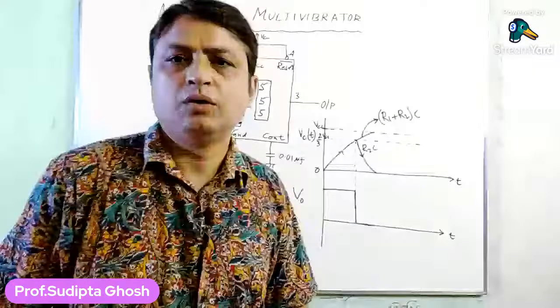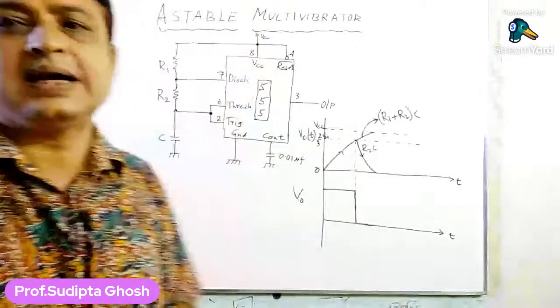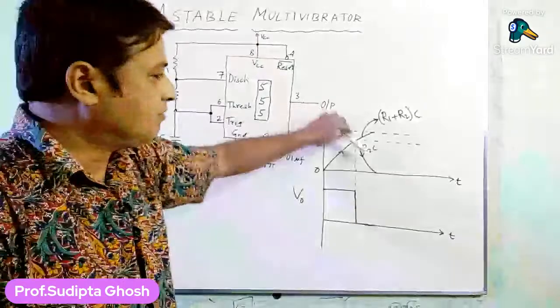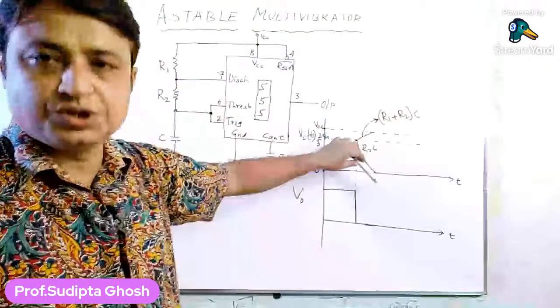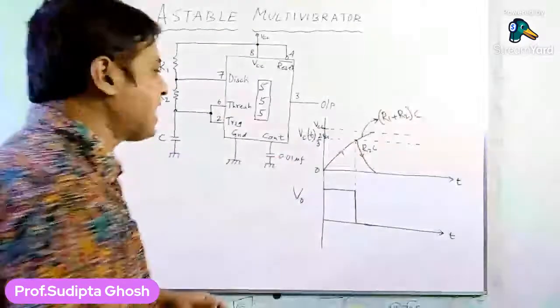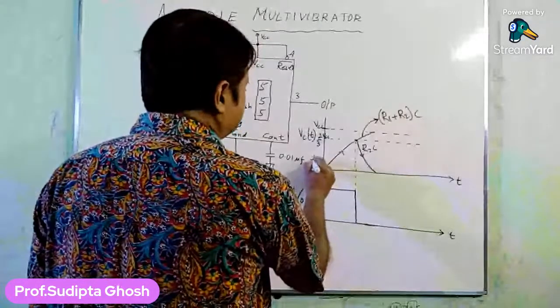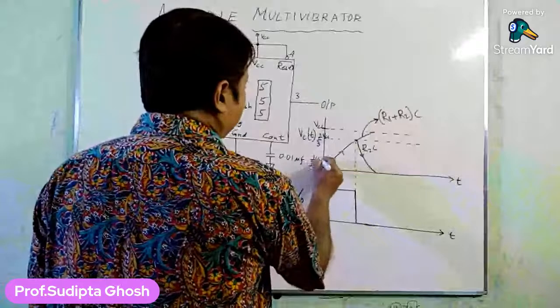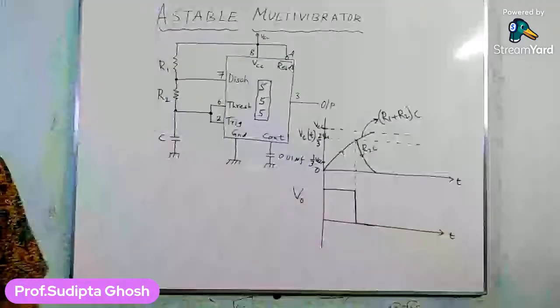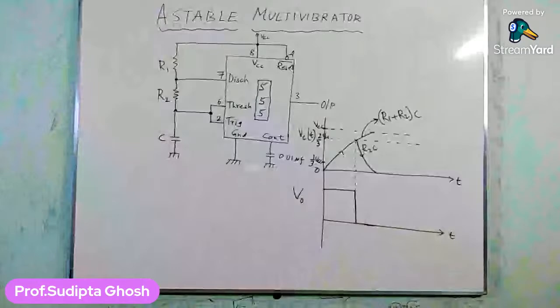Okay. So now as the capacitor starts to discharge via the time constant R2C, again we have a value of 1/3 of VCC. 1/3 of VCC means 1.6, rather 1.7 volts.